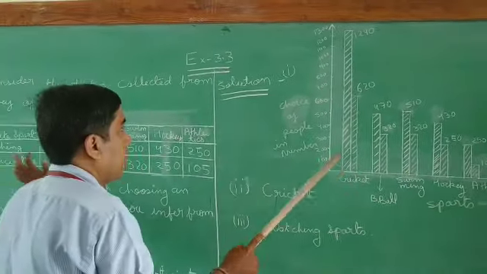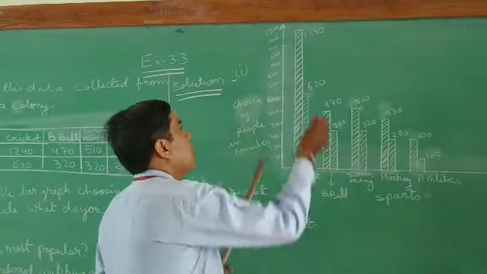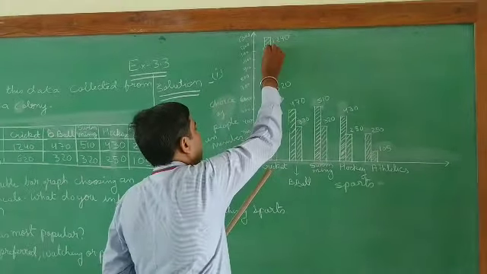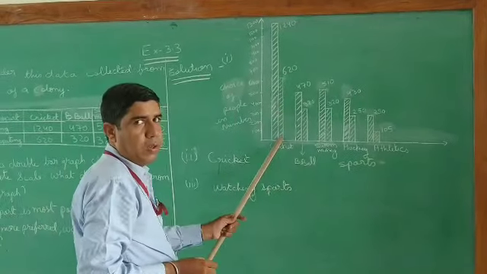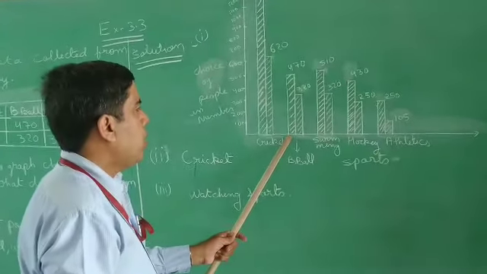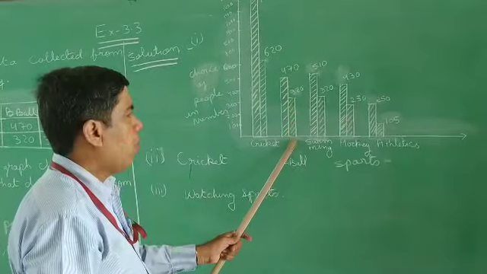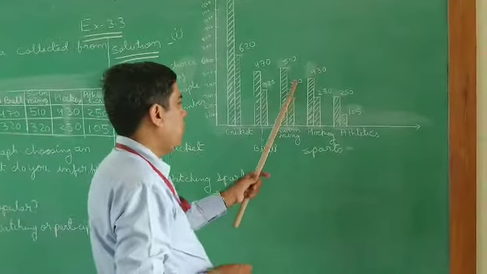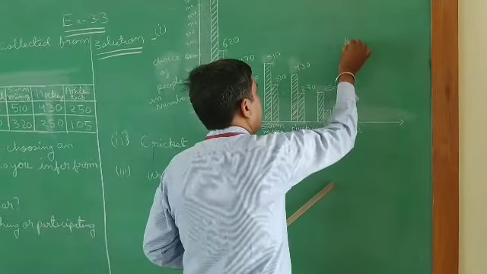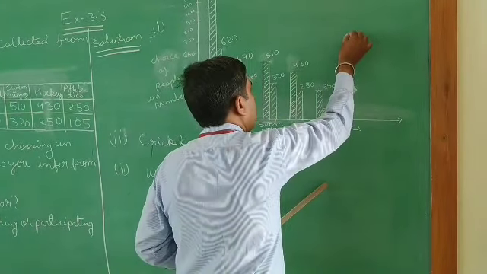This is for watching. So the first bar is for watching, and this is for participation. Again, this is for watching, and this is for participation. You can draw like this, and you can make a symbol.